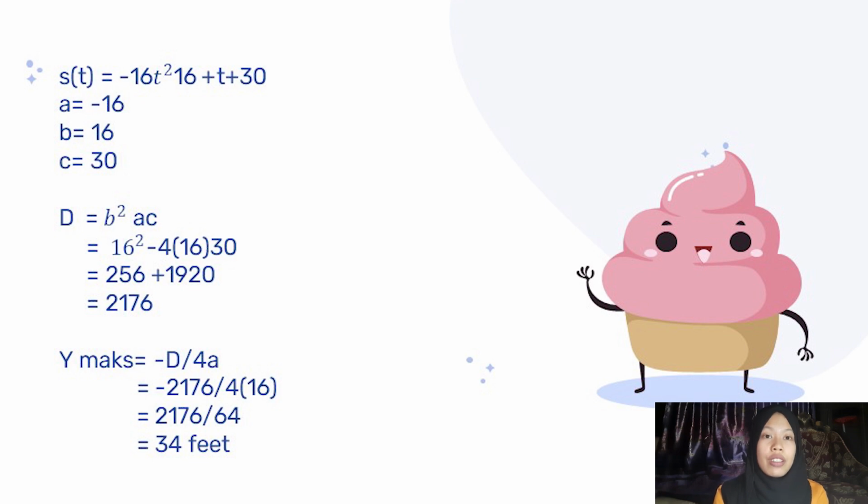So the result is 2176. After we get the value of D, then we use the method y max is D over 4 times a, so that the result is 34 feet.